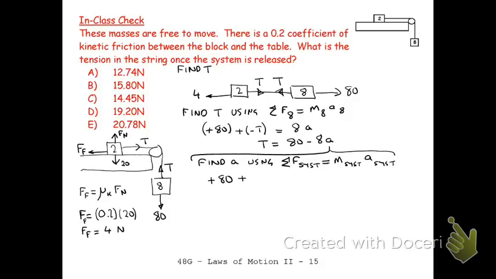Plus 8t added to minus 4, not going to make much difference, is equal to 8 plus 2, there's your two masses times A. A is equal to 80 minus 4 over 10, which equals 7.6 meters per second squared.